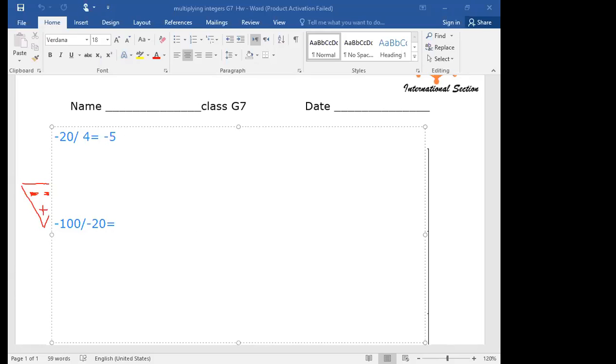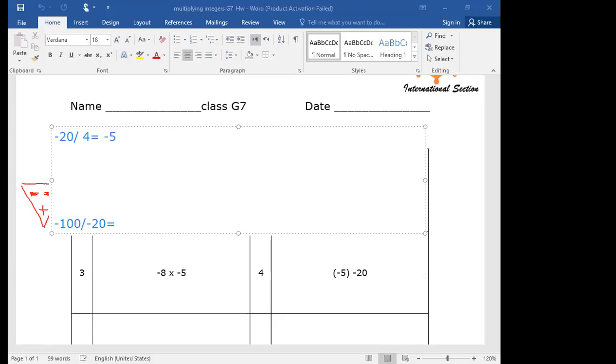First, we have negative divided by negative. Negative divided by negative will be positive. Do I have to write the sign for positive? No. After that, we are going to make 100 divided by 20. So we can simplify 0 with 0.